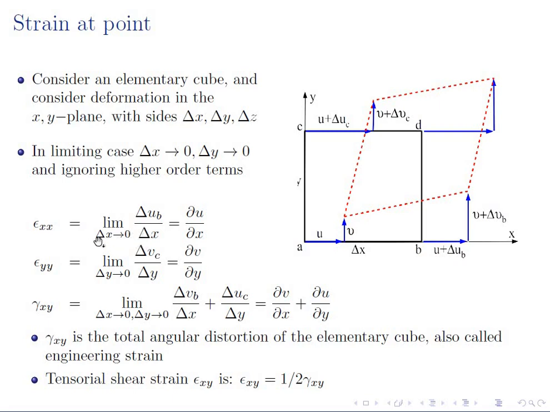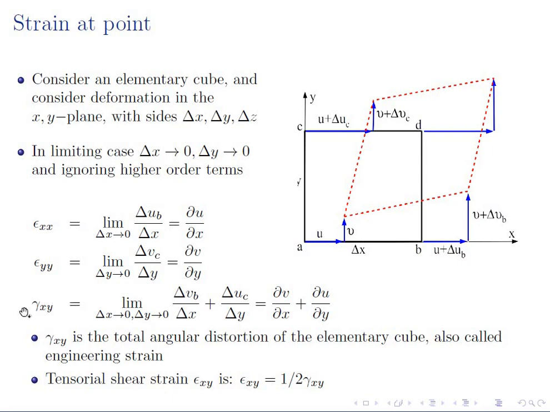And in the limit delta x tends to 0, this shrinks down to the differentials, partial u divided by partial x. Similarly, epsilon yy is equal to the change in the segment AC divided by the original length of the segment AC. So epsilon yy comes out to be partial v divided by partial y.